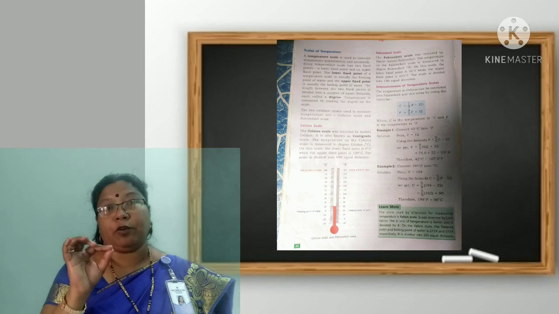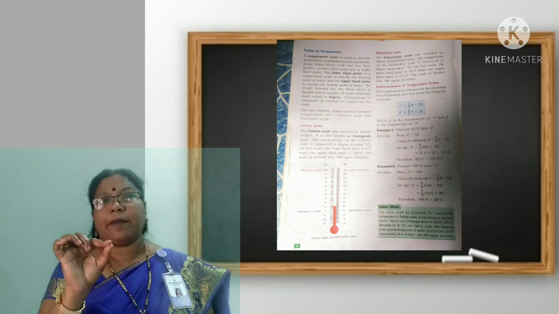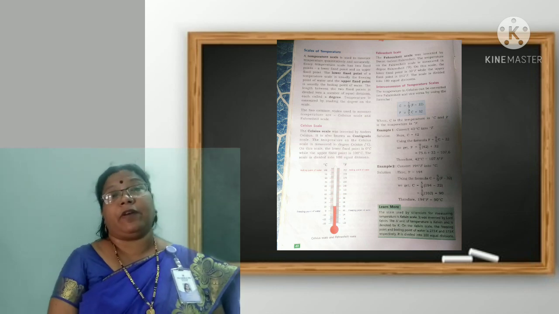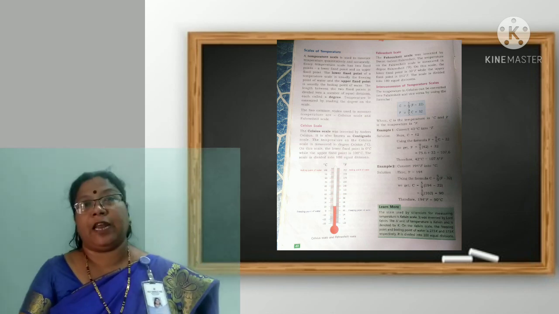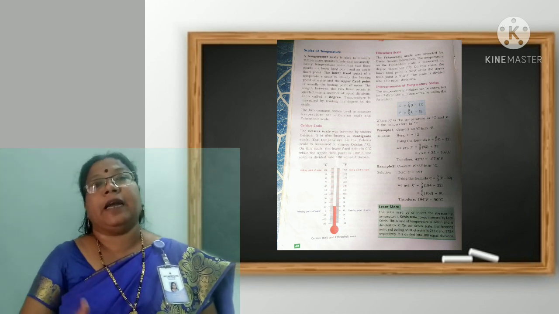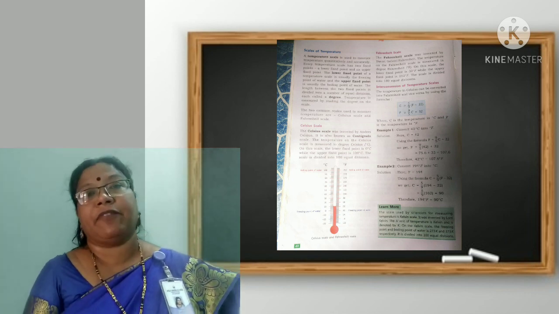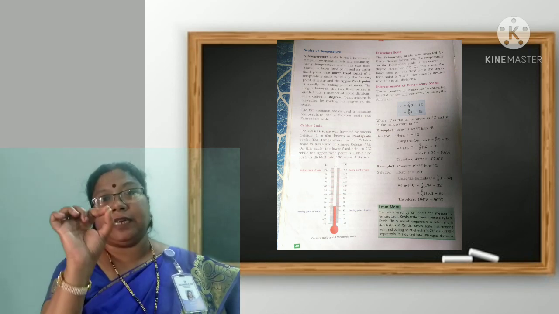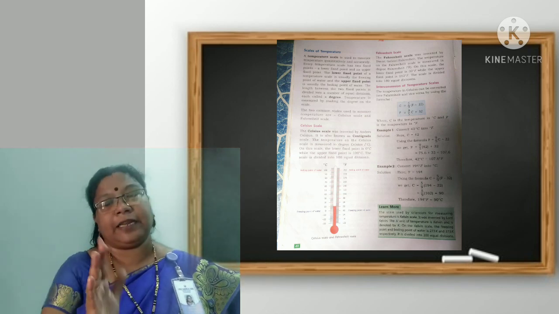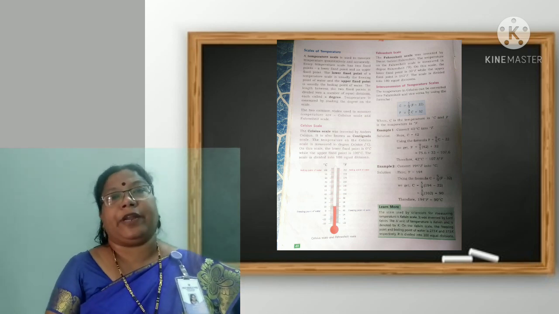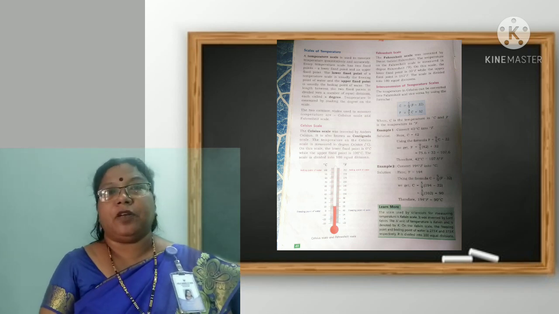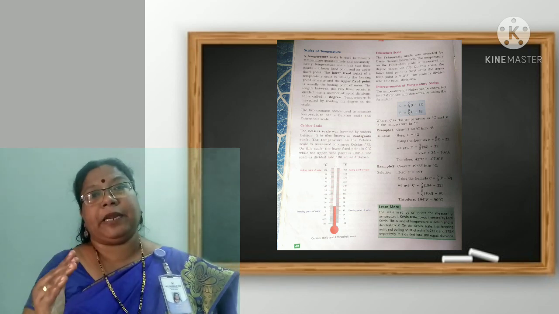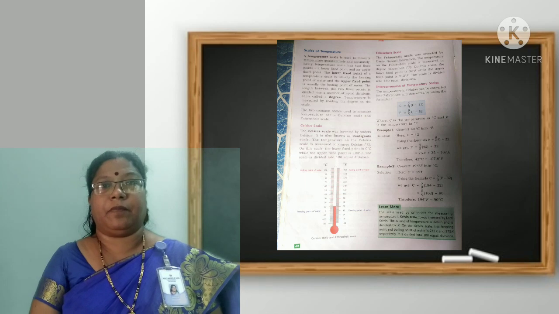Quantitatively means using a temperature scale, you can measure the temperature in numbers. When you go to a doctor and he uses a thermometer and says, oh, it is 100 degree Fahrenheit, that means you are getting the temperature in quantity. And accurately means correctly. So a temperature scale is used to determine the temperature correctly.